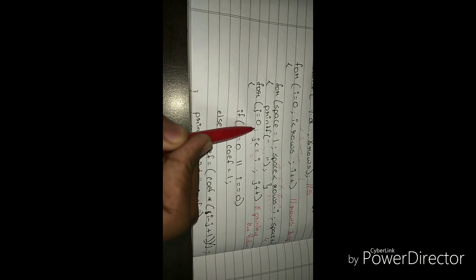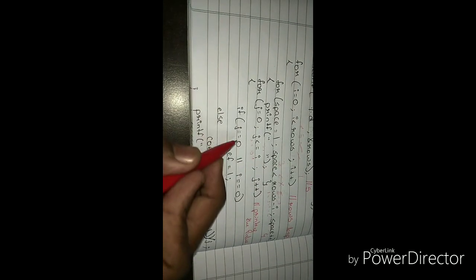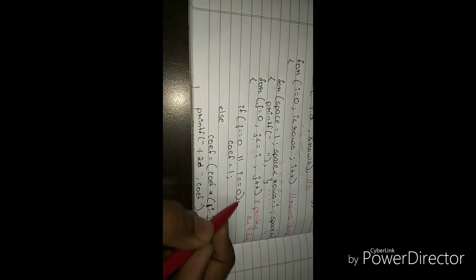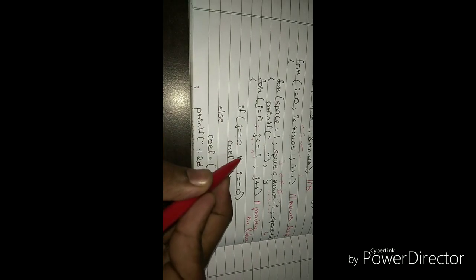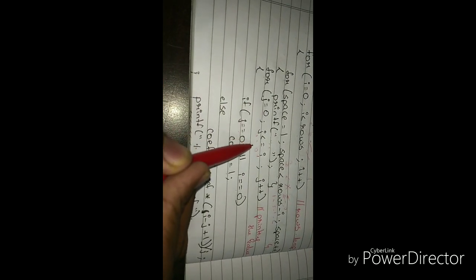After the spaces are printed, control comes to j: for j equal to 0, j less than or equal to i, where the new i value is 1. So 0 is less than or equal to 1, j plus plus. If j is equal to 0 or i is equal to 0: here i is not equal to 0 but j is equal to 0. Since it is OR, the coefficient value is 1, so this one is printed, again using the same printf("%2d", coefficient) statement. Control comes back to the j loop. Now j becomes 1, and 1 is less than or equal to 1, true. Is j equal to 0?